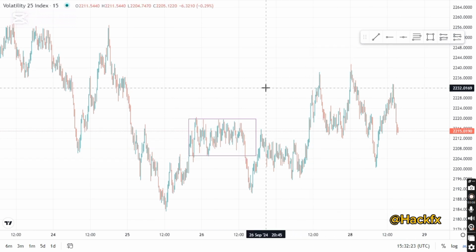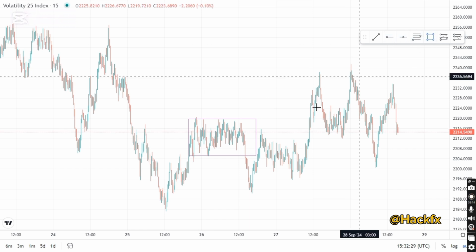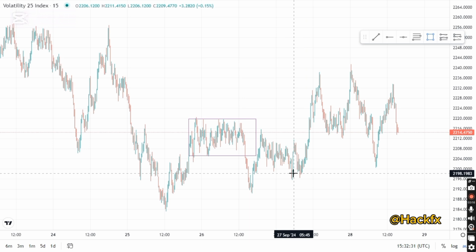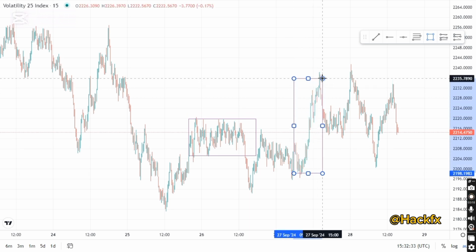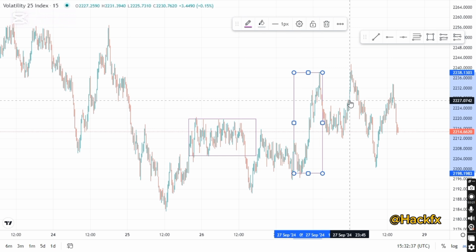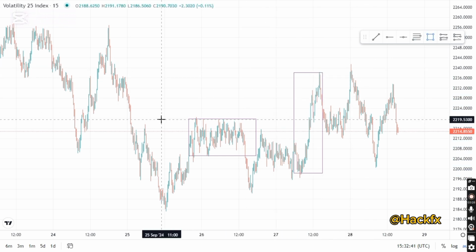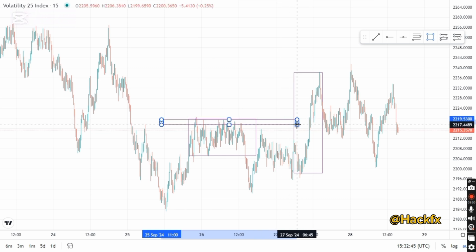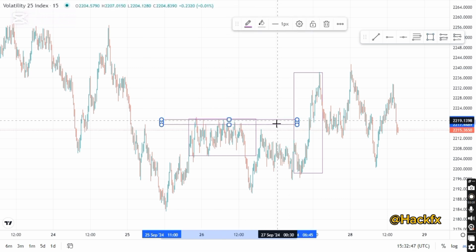You noticed a breakout to the upside. In other words, we can see that there was a liquidity sweep. Liquidity was taken out of here, so remember that.